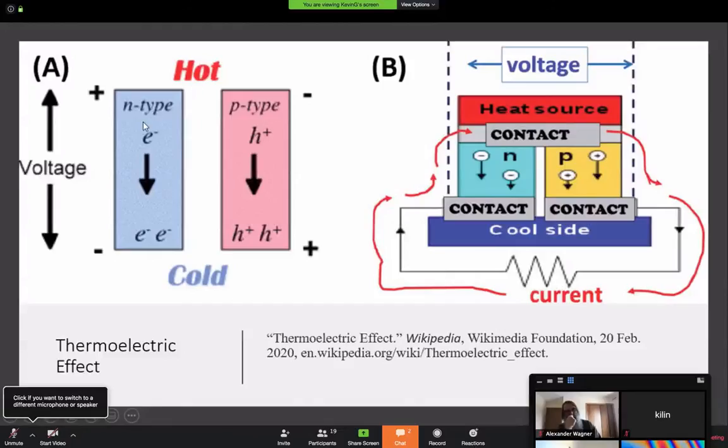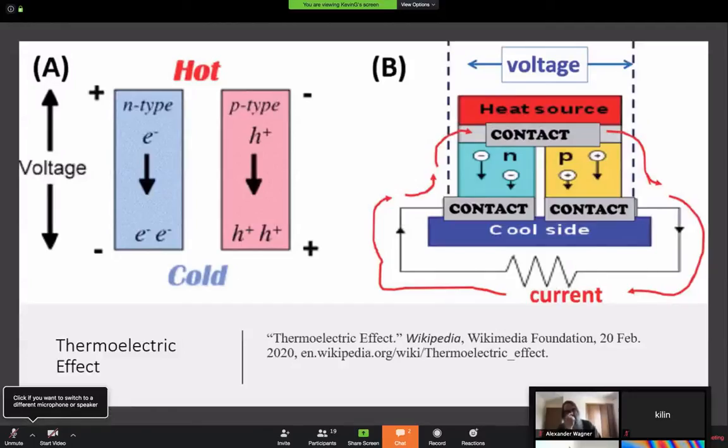Here on the hot side, you have some electrons that have more kinetic energy than other electrons. The electrons with more kinetic energy go here to the cold side, and then when enough of them gather on this end, they repel the electrons that have stayed behind on the hot side. So you have electrons on the cold side right here and the hot side right here.